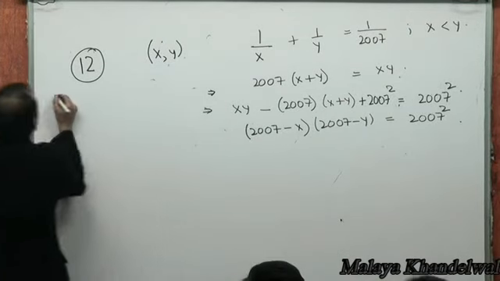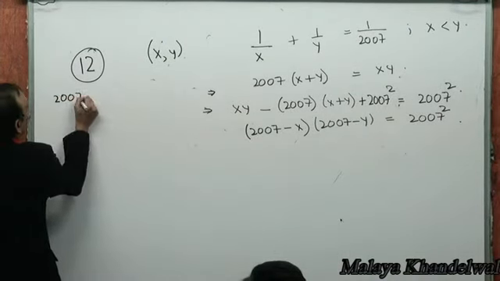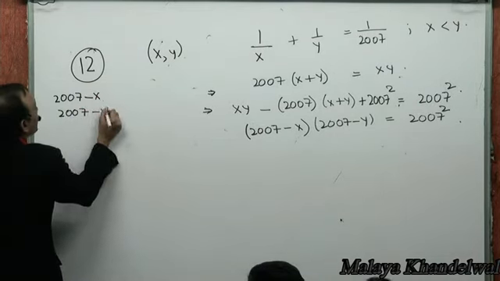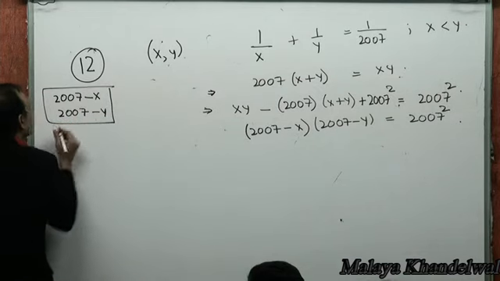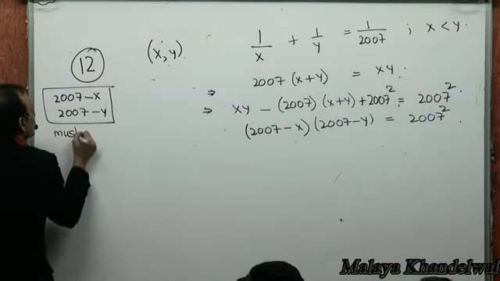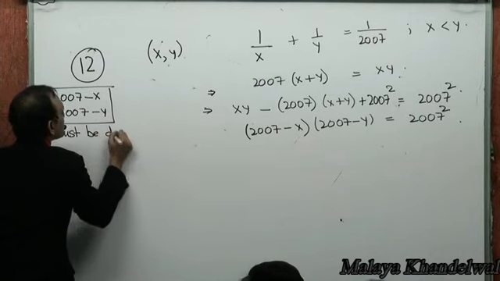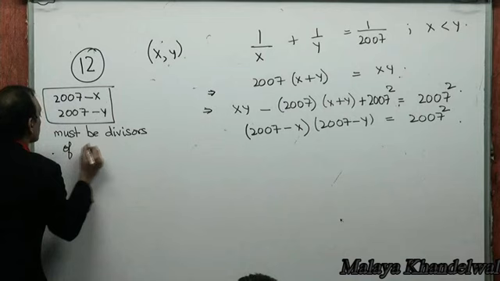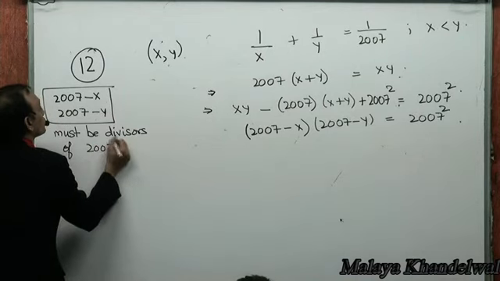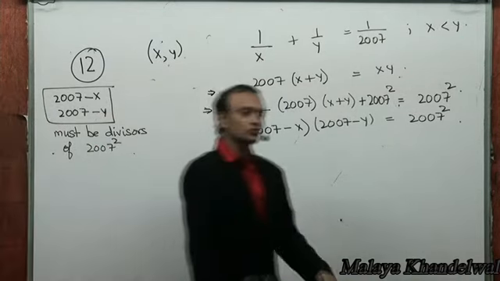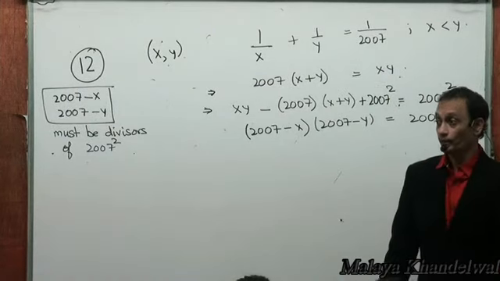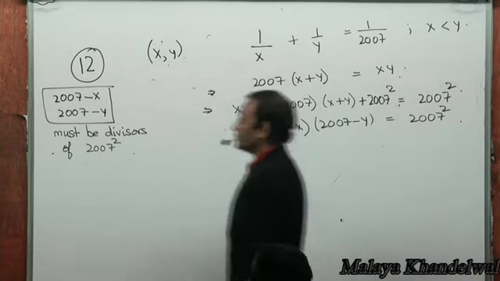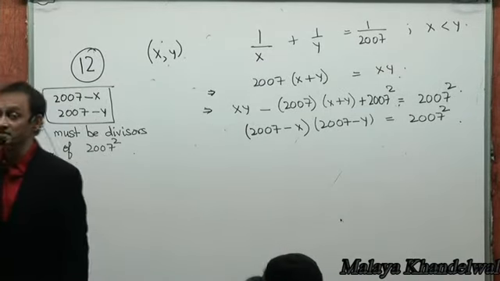Right? 2007 − x and 2007 − y must be divisors of 2007 squared. Right. Let me find out the number of divisors of 2007 squared.